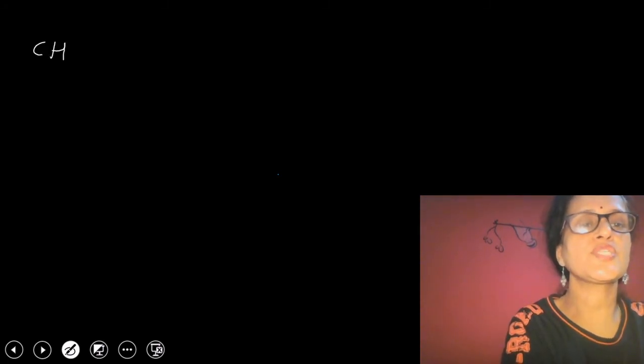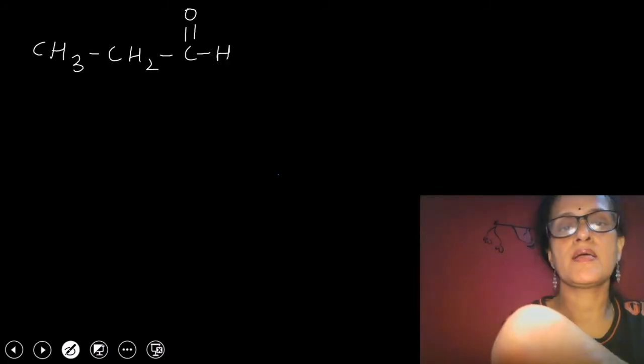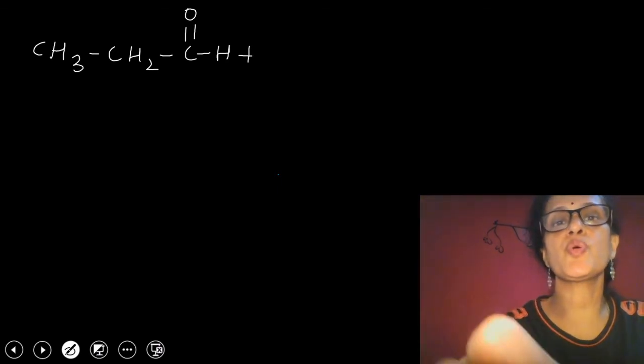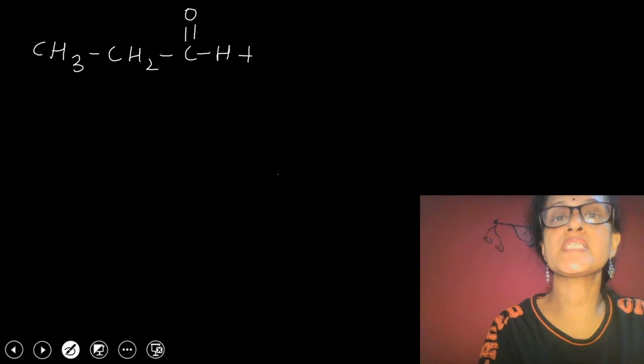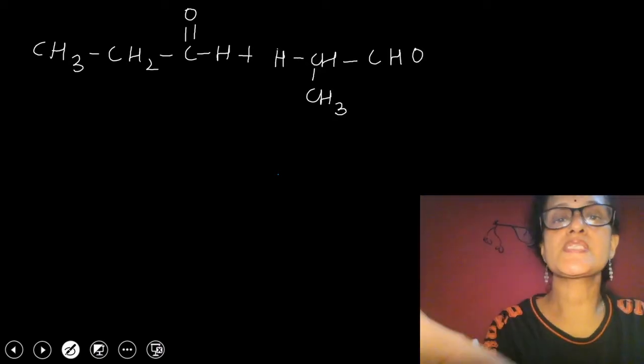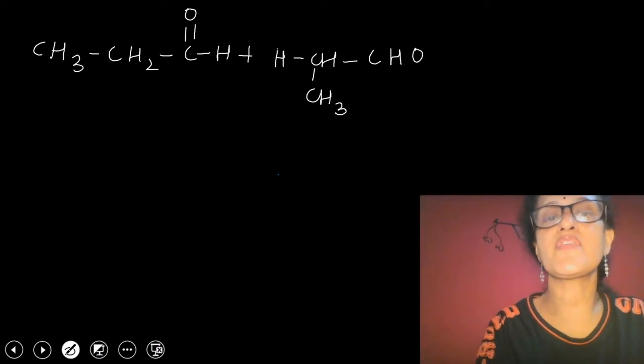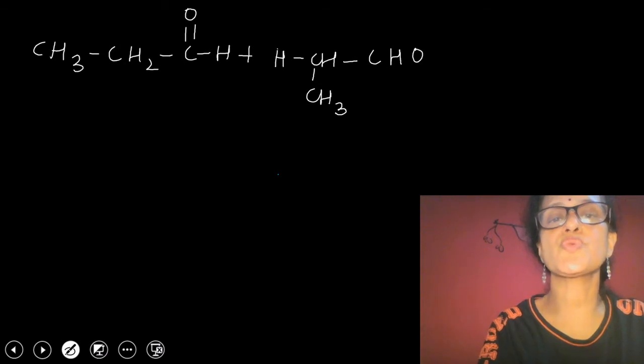Now we will write the reaction between two molecules of propanol. So propanol's formula is CH3CH2CHO. And the second molecule of propanol I'll write in such a way that the alpha hydrogen atom is clearly visible. So the second molecule you can see here I have written like CH3CH2CHO.